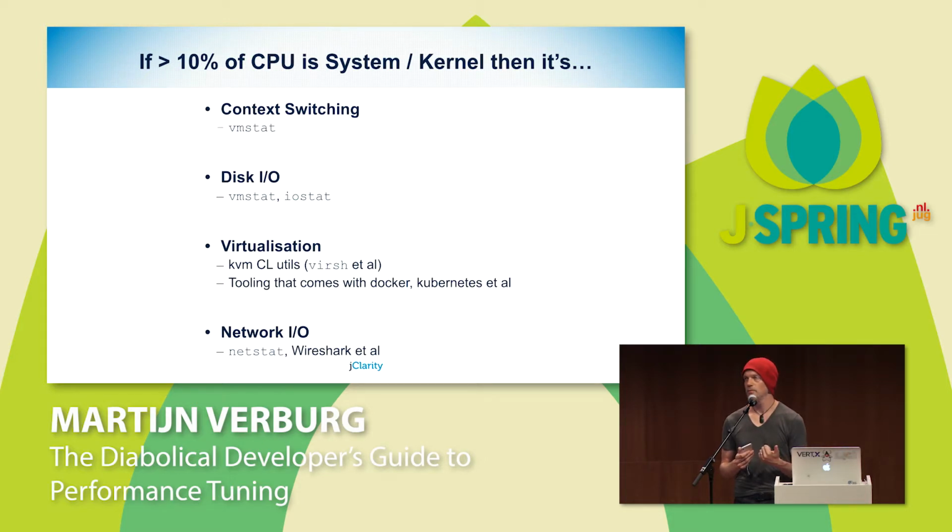Either the operating system is busy context switching, and by that I mean you've either got multiple applications or your JVM having threads fighting over the CPU. So it's like one thread goes, I want the CPU, and the Oracle database in the corner says, I am Oracle, I am owned by Larry, I own all the CPU.